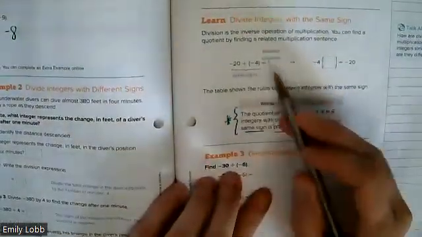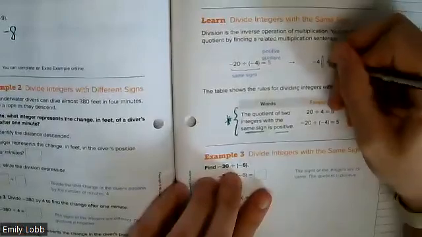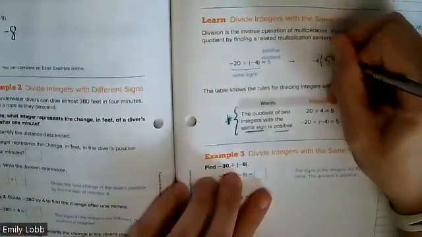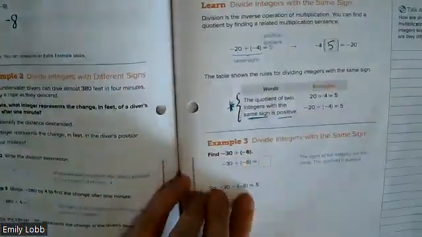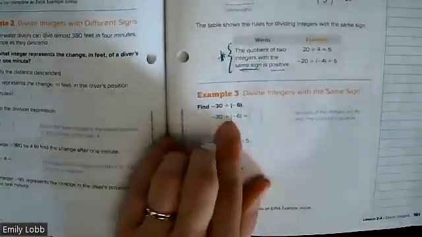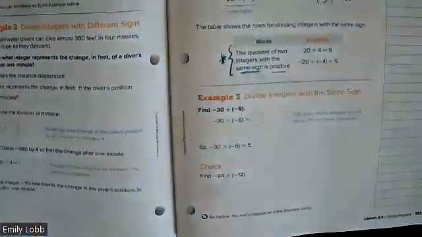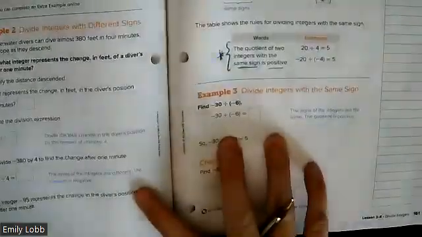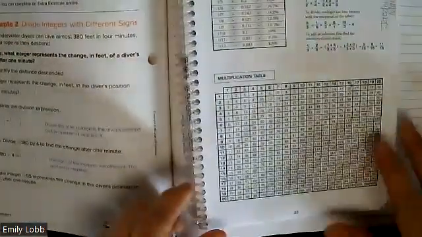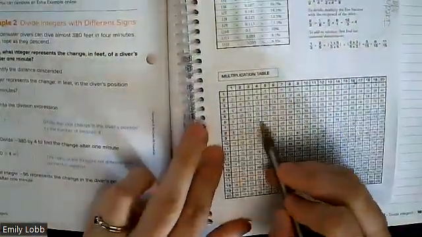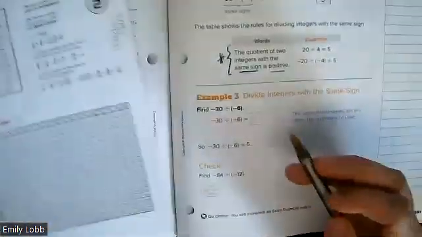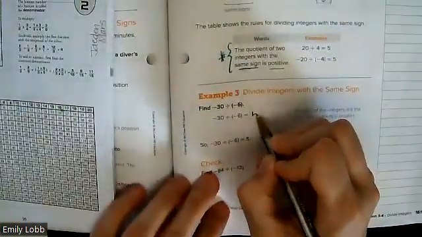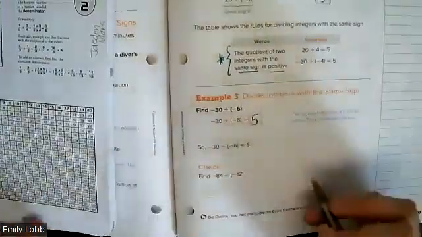So when we have the same sign here, our answer is going to be positive. So when I follow my 6 till I get to the 30, where do I end up? 5. And since my signs were the same, my answer is positive.